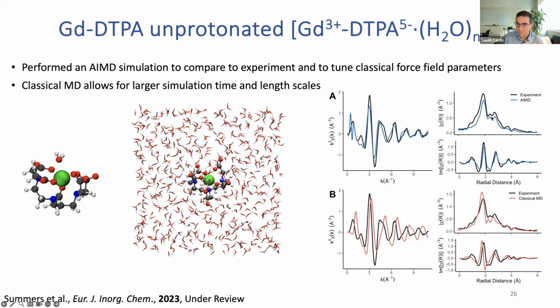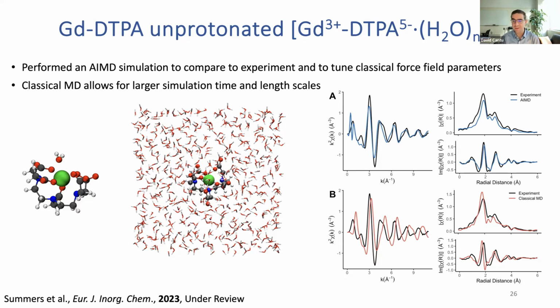But then what we see is that there is a better agreement with ab initio MD than with classical. Here you see this difference here. It's about 0.1 angstroms, and that is as close as we could get. We used the OPLS force field. Maybe we need a different functional form to get a better agreement.